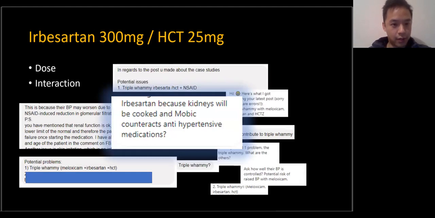And my favorite comment has appeared again: irbesartan, because kidneys will be cooked, and the Mobic can counteract the antihypertensive medication. So make sure to be using this extremely technical, very medical language when you sit your exams. No, don't. Okay, so that is our second major problem.